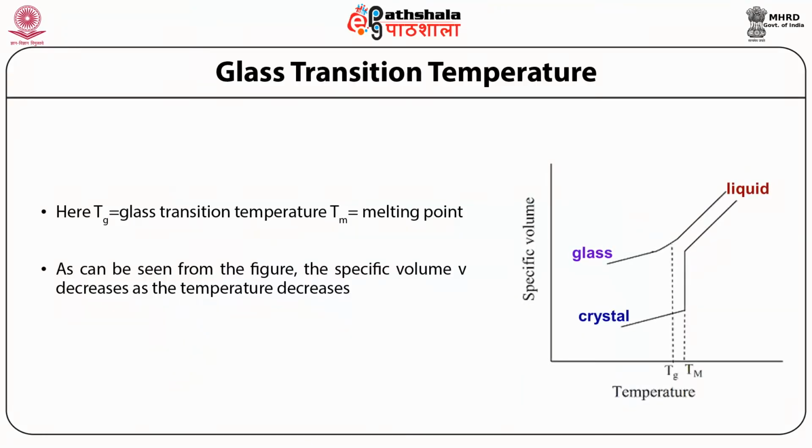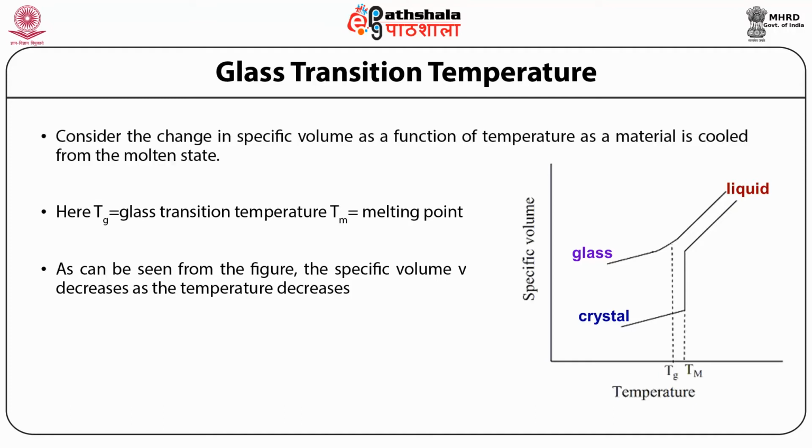Glass transition temperature. Now let's discuss, is liquid to glass formation a phase transition? For that, let's consider the change in specific volume as a function of temperature as a material is cooled from the molten state.